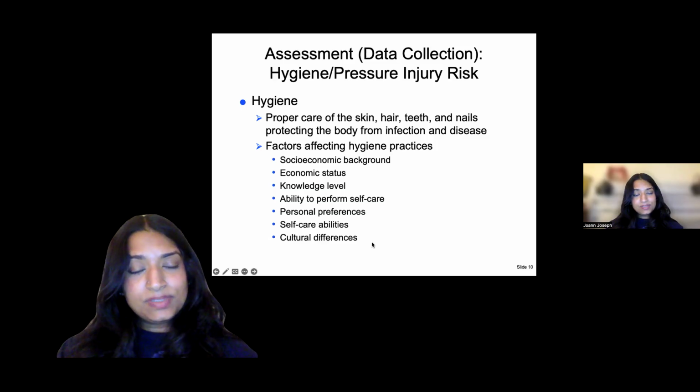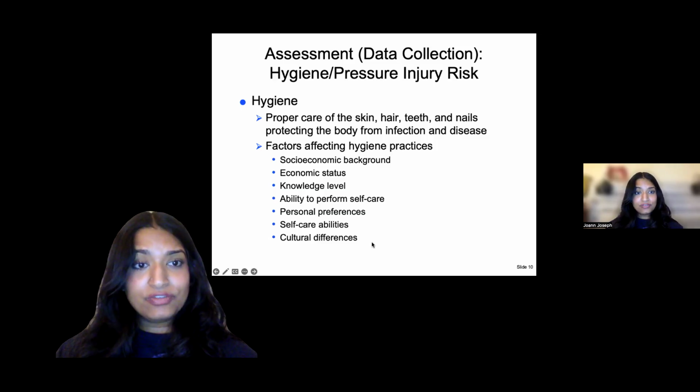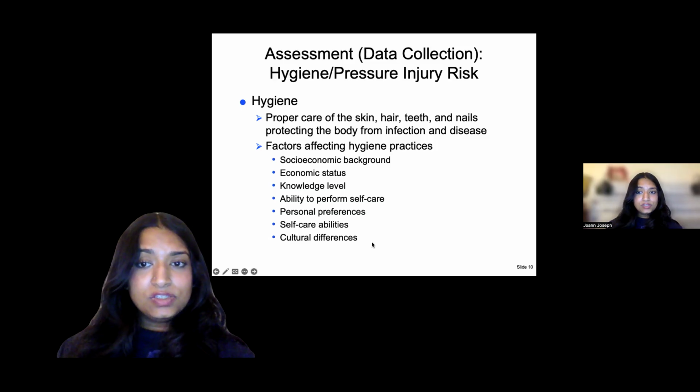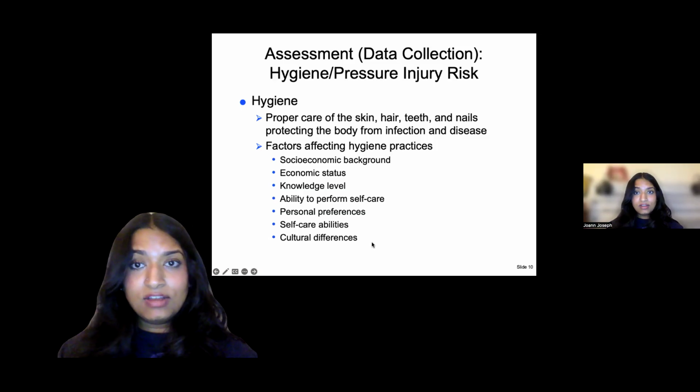My clients specifically, a lot of them neglect these areas. And when you're not feeling good and you're in a big state of grief, oftentimes people neglect this part of their body. So think about how hygiene can also drastically change when someone is emotionally unavailable.